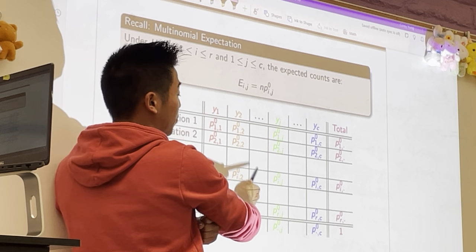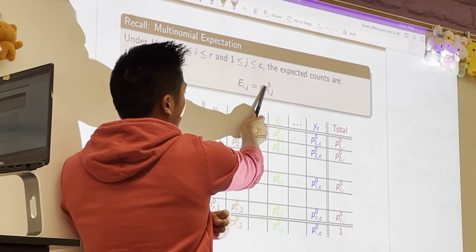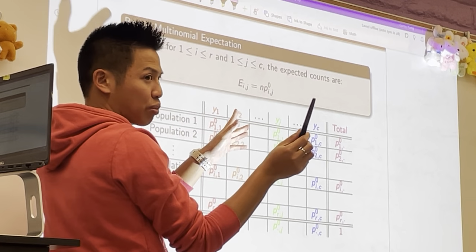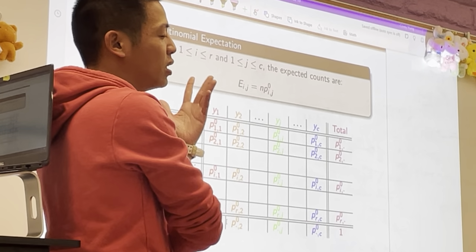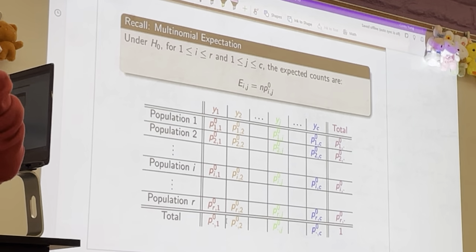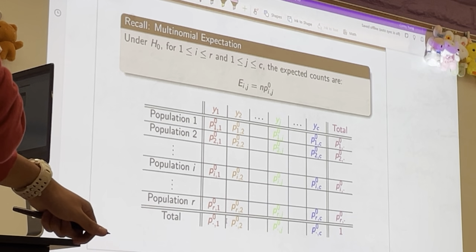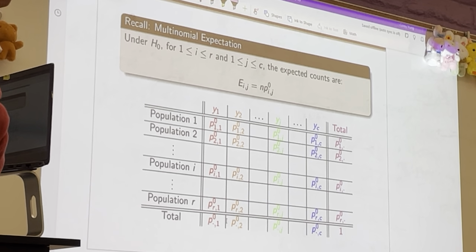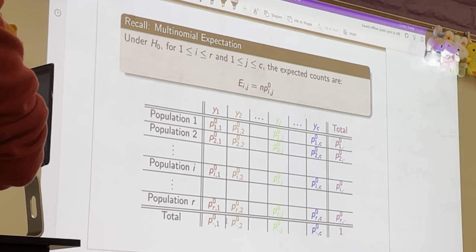But if you remember from independence, we represented this probability as an intersection and used the assumption of independence to split those probabilities as a product. But now in this scenario, we don't have independence to assume from the beginning. So the whole story about how to find expected values for independence is not the same narrative as right now, because my null hypothesis now is that the distribution of variable y is the same across all of those populations.